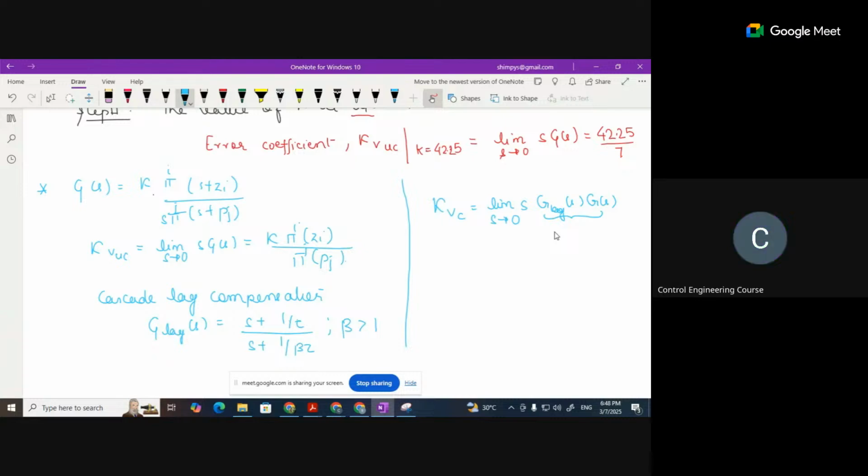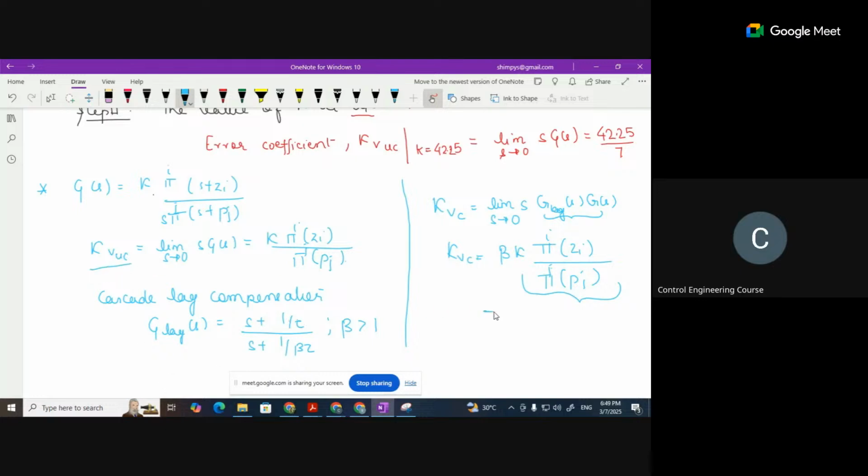So now, can I write this as beta into K? I'll get it like this. If you solve this, you will get that the velocity error constant for the compensated system comes out to be this. Got it, ma'am. So can I replace this entire thing by this?